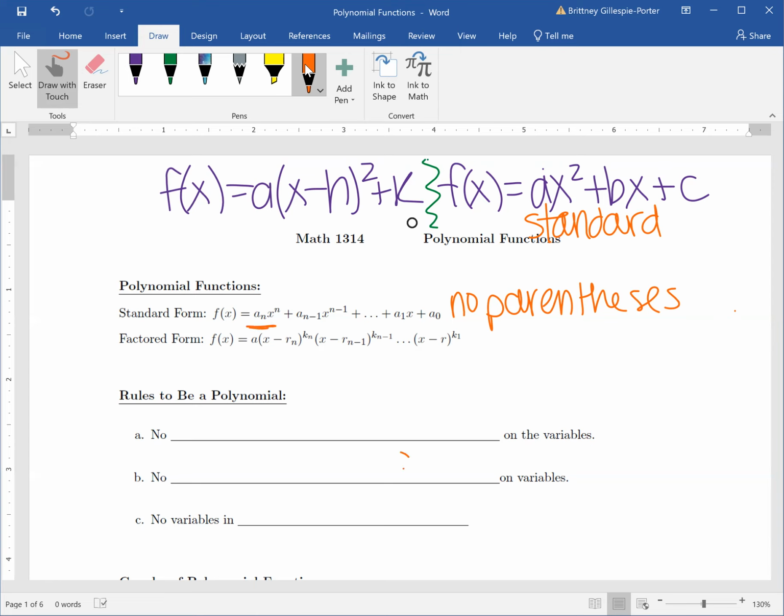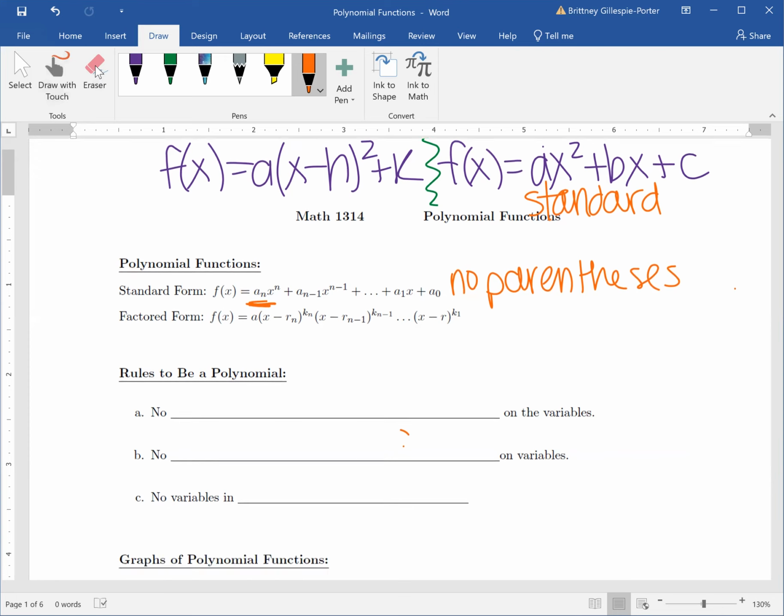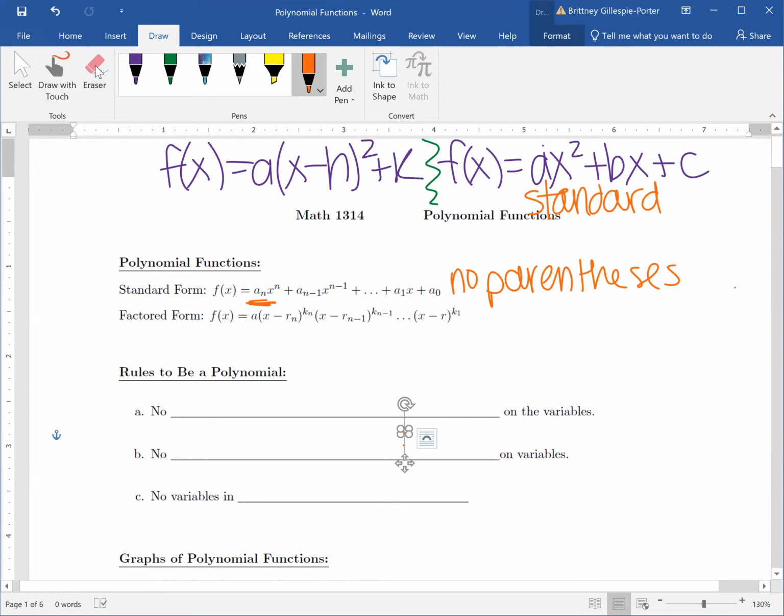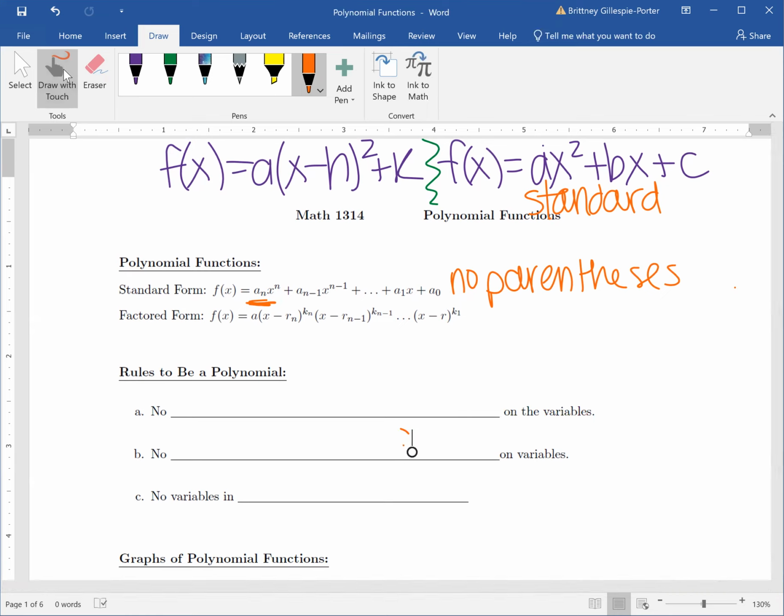This a sub n is just our leading coefficient, like the a in our quadratic. This a naught is our constant term. That's what's happening at the very, very end, just like we had with the c in our standard form quadratic.